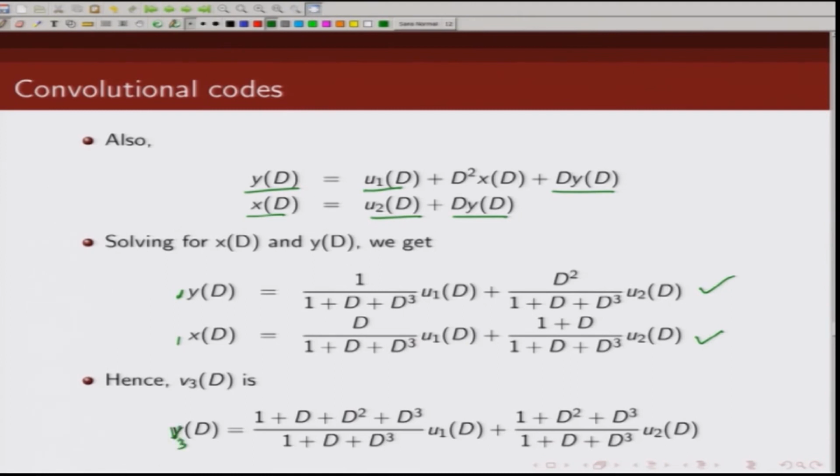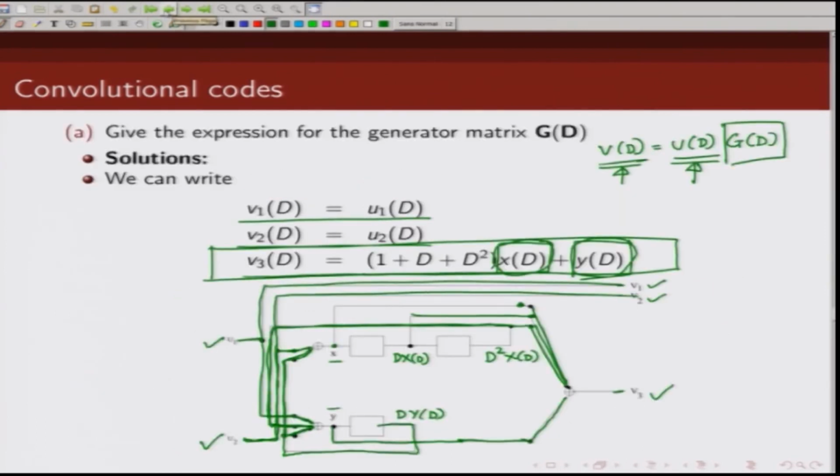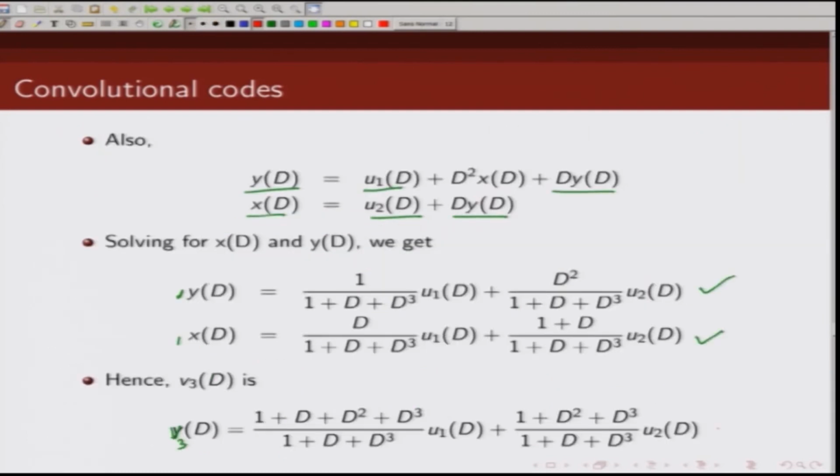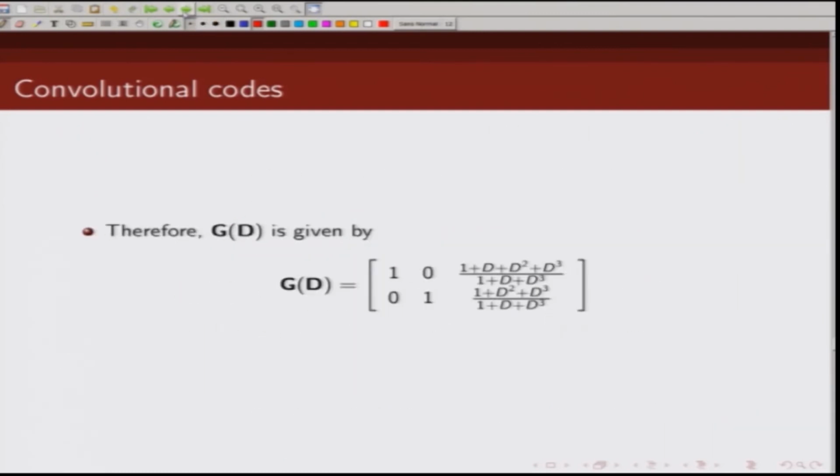Okay. So, if we do that, what we get is v3 of d is this times u1d plus this times u2 of d. So, now we are in a position to write the generator matrix. The first equation that we will require is this one, the second equation is this one, and the third equation is this one, right.